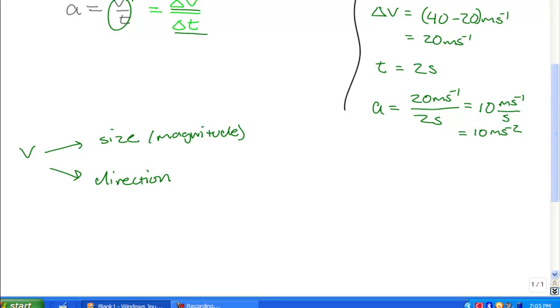Now, the change in velocity, this delta v, can either be a change in magnitude or a change in direction. Alright?